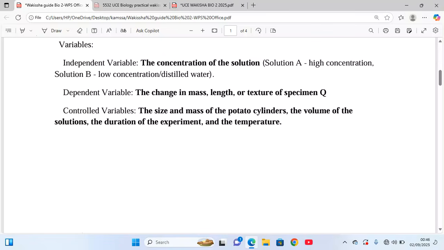And then the outcome or the result of the experiment is the factor called the dependent variable, and that is the change in mass. You can study that experiment using change in weight or change in texture of specimen Q.